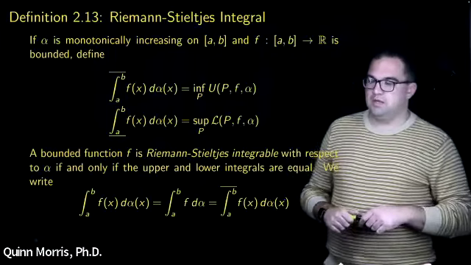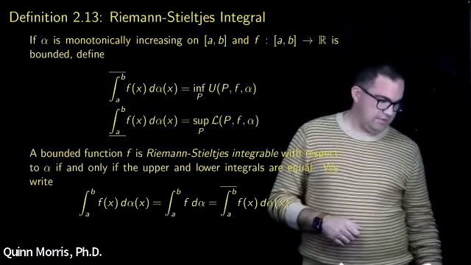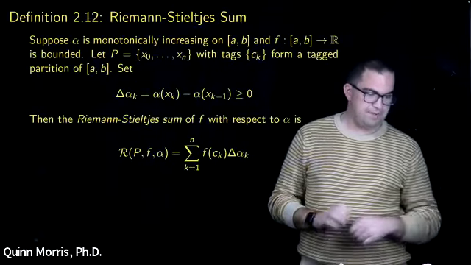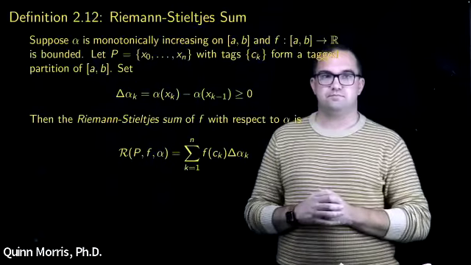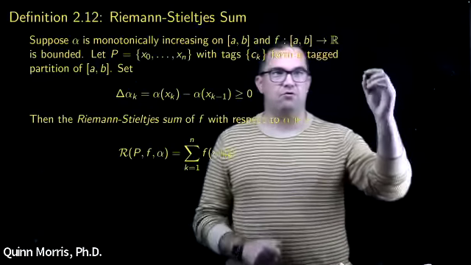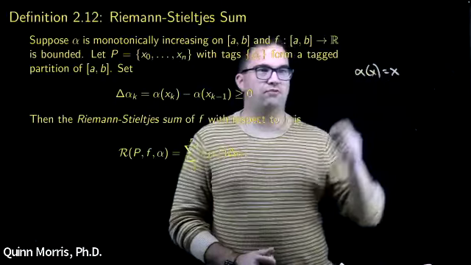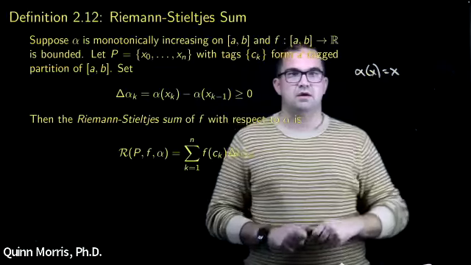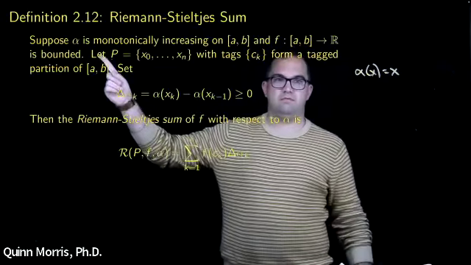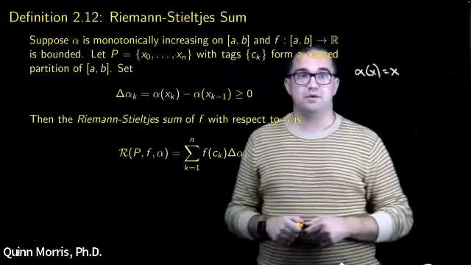Now, let me point out a couple of things as we look at these definitions. If I back up to the first one, imagine we pick our function alpha of x to be x. Well, then that function is monotonically increasing, so that's a valid choice for alpha.